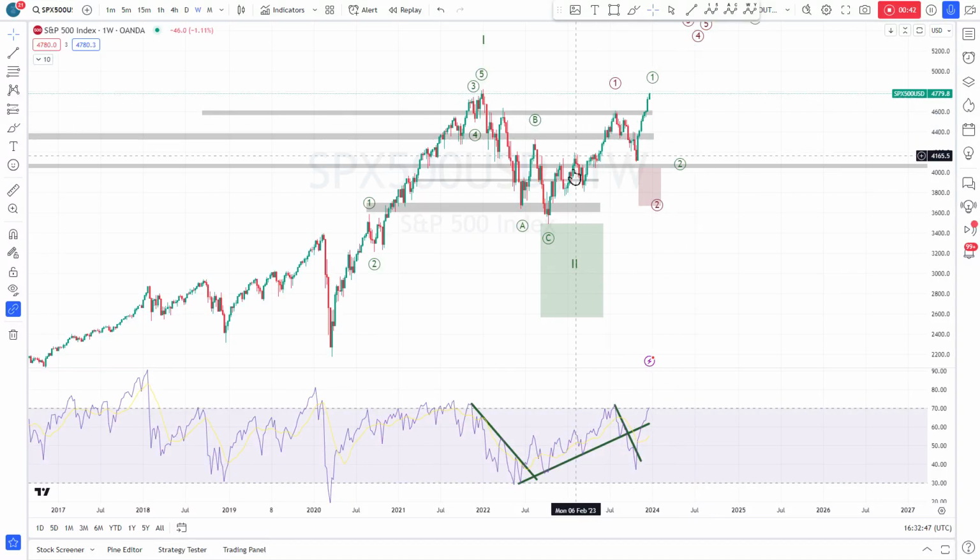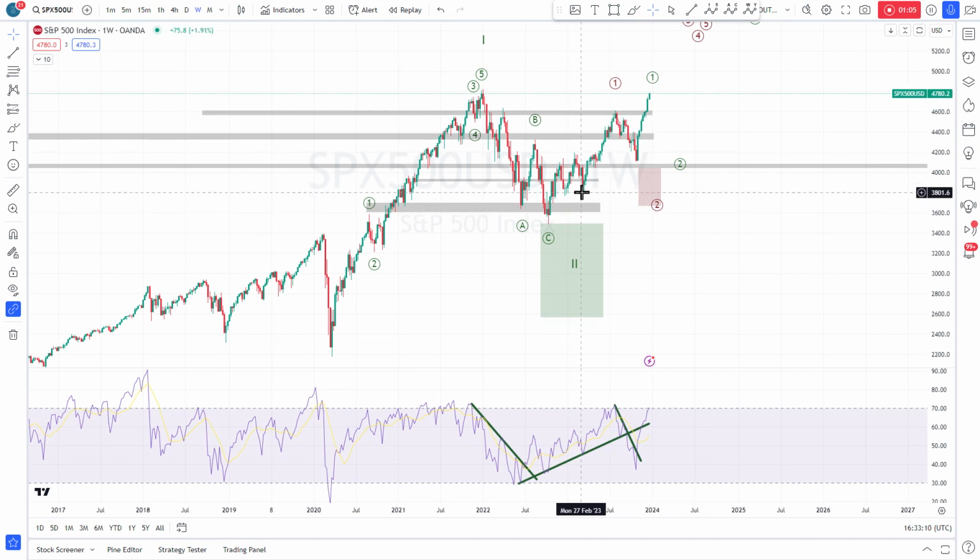And so here for the S&P 500, I was in doubt between two scenarios. A scenario following the Dow Jones, and a scenario following the Nasdaq, where this here is our wave 3.